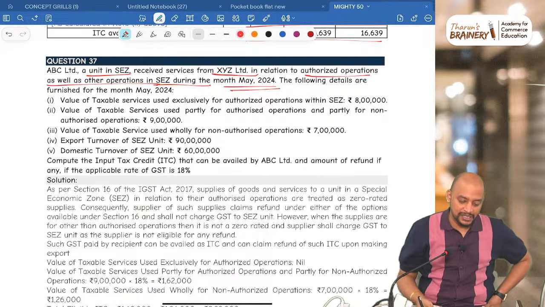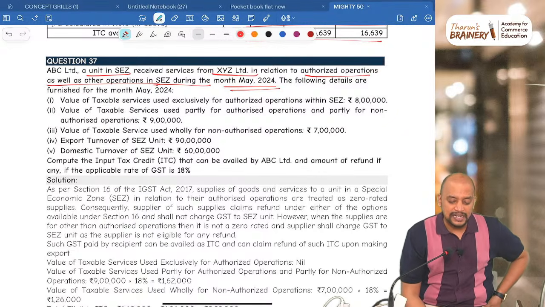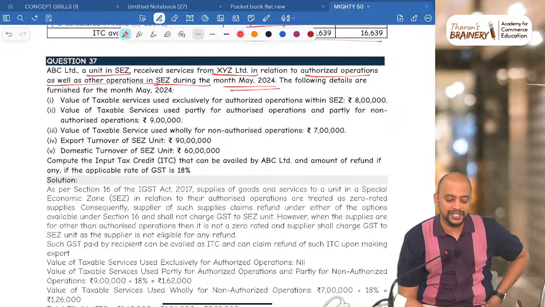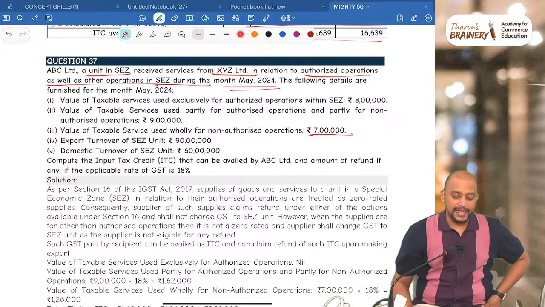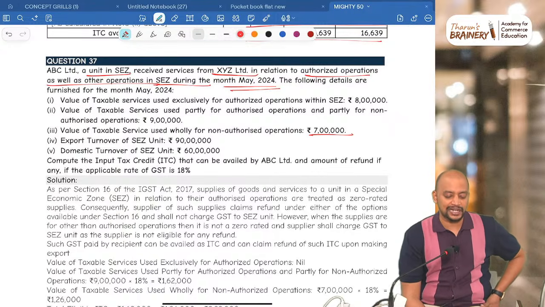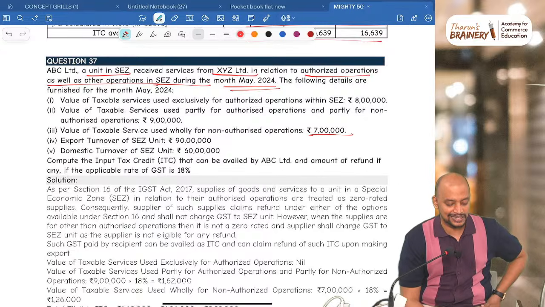Value of taxable services used exclusively for authorized operations within SEZ, 8 lakhs. Value of taxable service used partly for authorized operation and partly for non-authorized operation, 9 lakhs. Value of taxable service wholly used for non-authorized operation, 7 lakhs. Export turnover of SEZ unit 90, domestic turnover 60 lakhs.